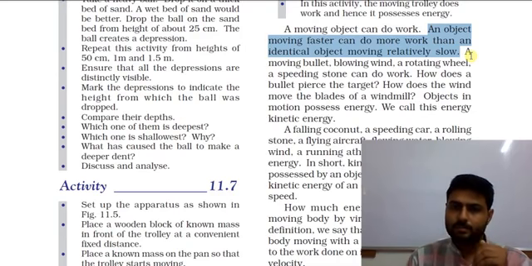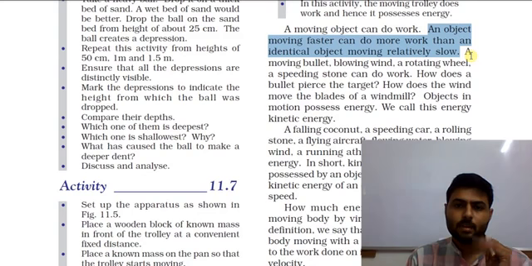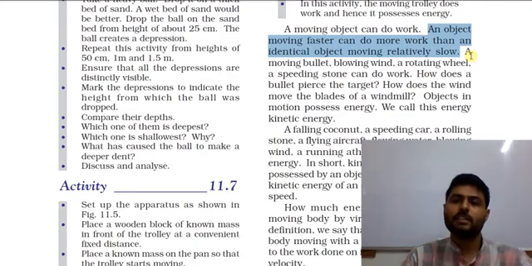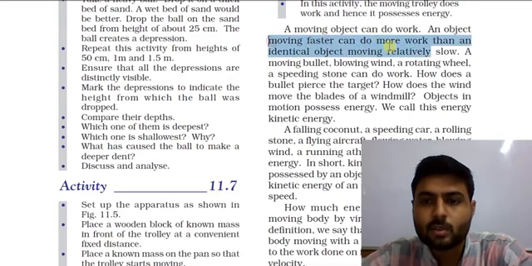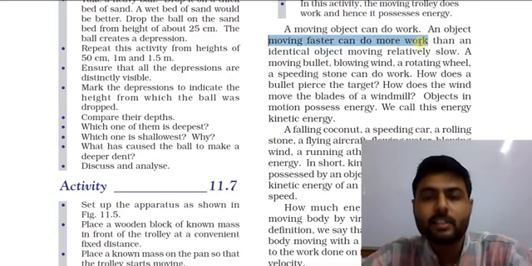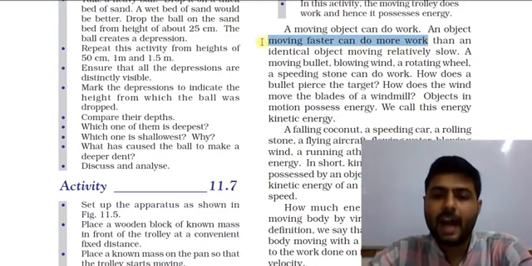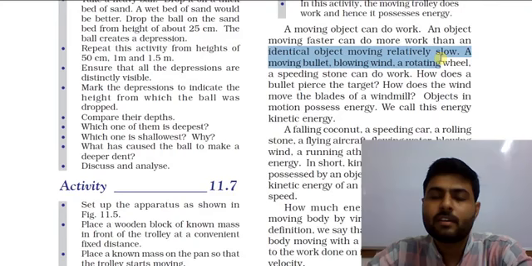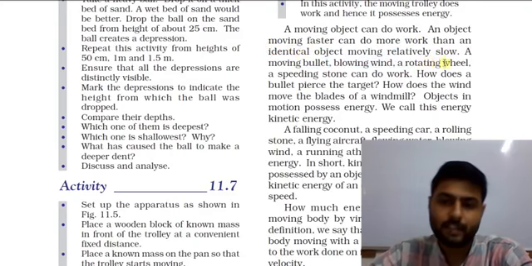The scooter will be damaged and the person hurt, but this time the damage is more. Obvious. Why? Because this time the object is moving faster, so it has more energy, so it can do more work. So an identical object moving fast can do more work. I hope you can understand.